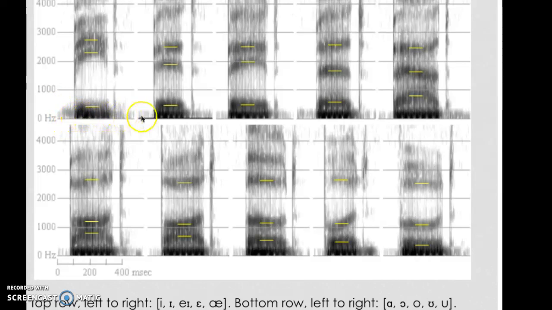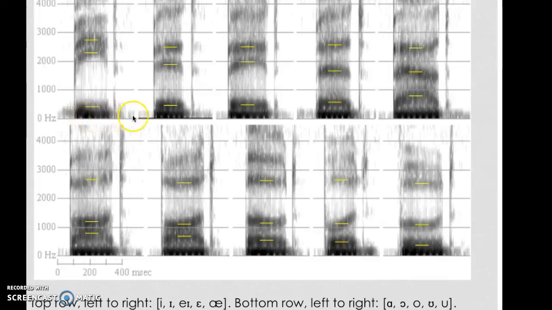If you look across here, these are vowels. This is the E vowel, this is the capital I, then E, A. If you look across here, this dark band of energy corresponds to what we call F0, or fundamental zero, the fundamental frequency.